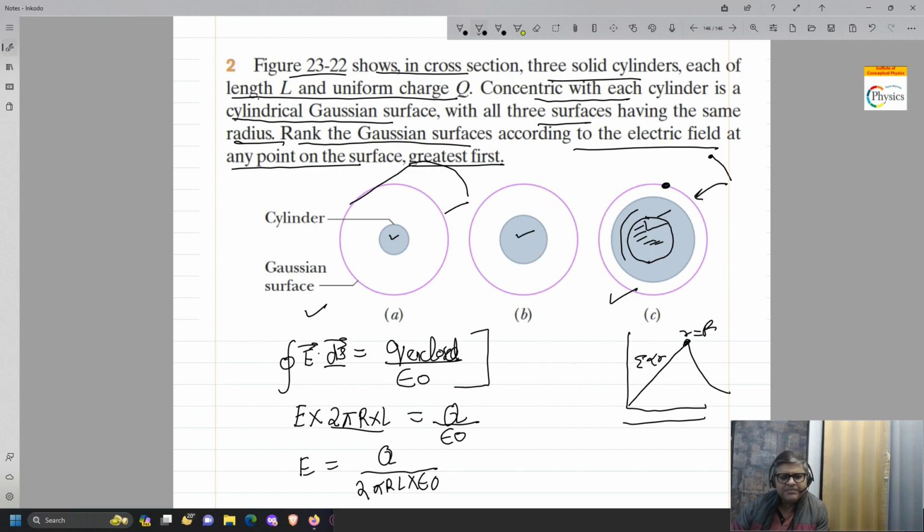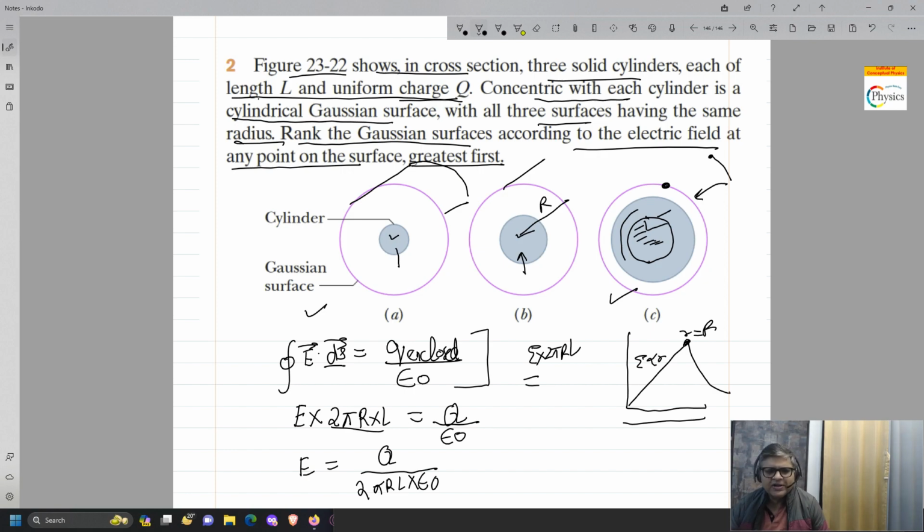Let's go to figure B. The Gaussian surface is still 2 pi r L, the radius I have taken as r and the length again is L. The total charge is the same. It is clearly mentioned, uniform charge. Do not get carried away by the fact that you have 3 different sizes of the charge. It is typically a misleading situation.